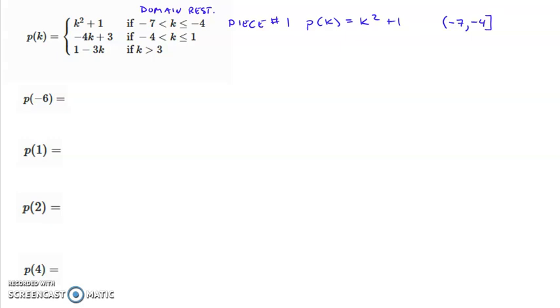And you're going to want to substitute that -6 into that formula for P of k every time you see a k. Right? So this is going to become -6 squared plus 1. -6 squared is going to give us a positive 36. We'll add 1 to it. This will give us a final answer here of 37.